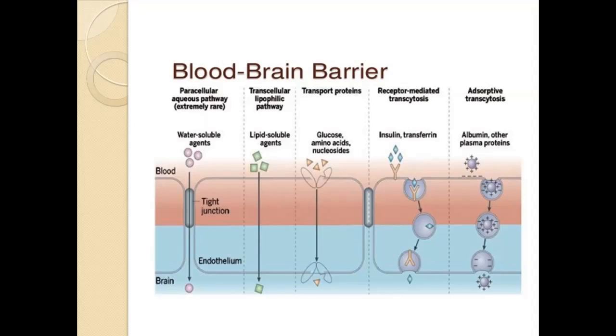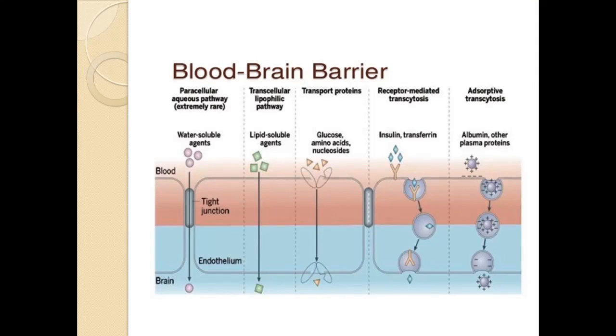In the transport proteins pathway, for glucose, amino acids, and nucleosides, there will be protein-binding receptors, and the drugs will get bound to them and pass through the semi-permeable membrane and reach the brain.